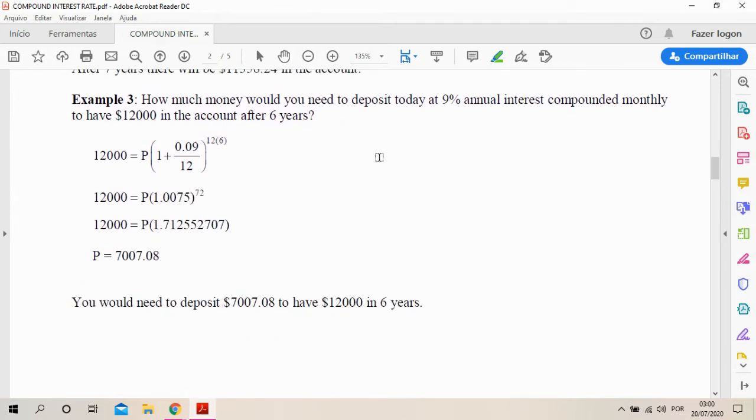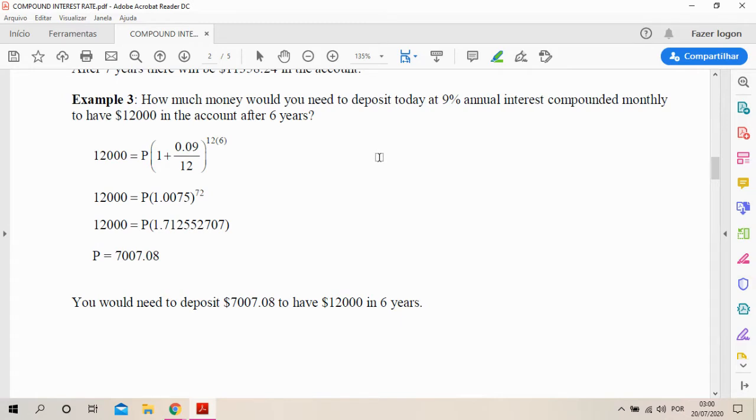Now, let's go to example 3. How much money would you need to deposit today at 9% annual interest compounded monthly to have $12,000 in the account after 6 years? If your objective is to have $12,000 in your account after 6 years, how much money do you need to deposit?